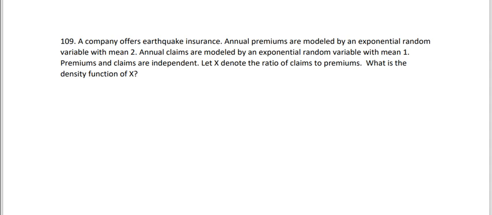So for problem 109, how does the same work? We want to find the density function for x. So what is x? This x is the ratio of cream to premium. So what is cream?